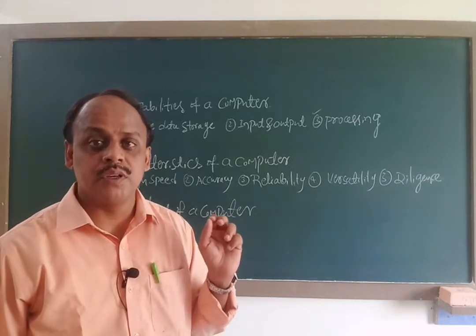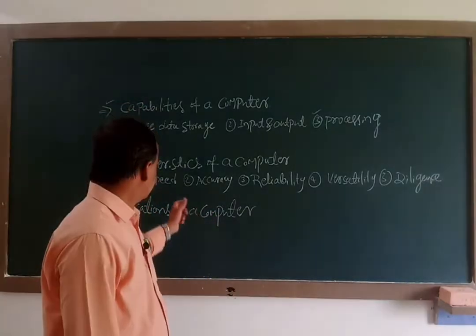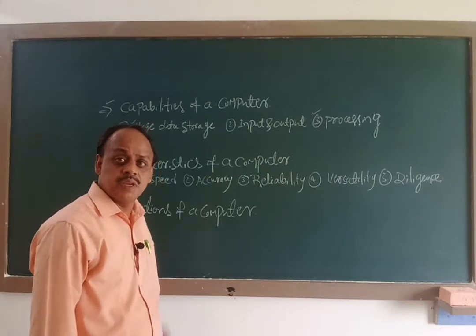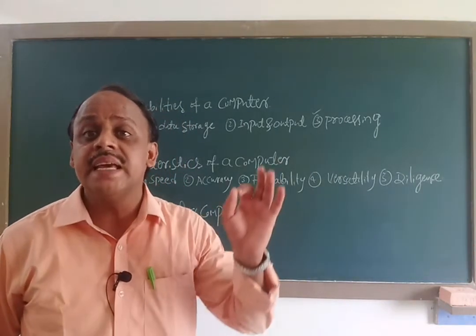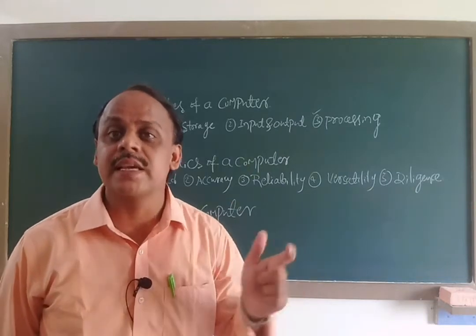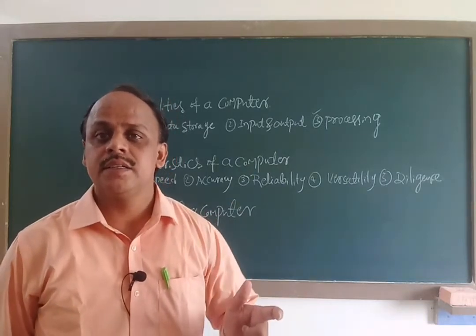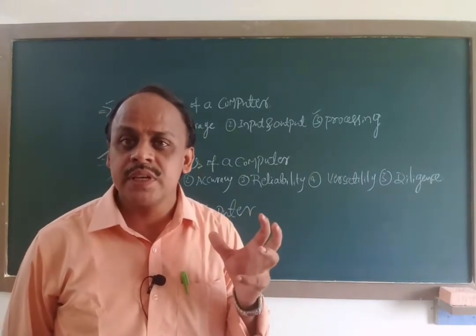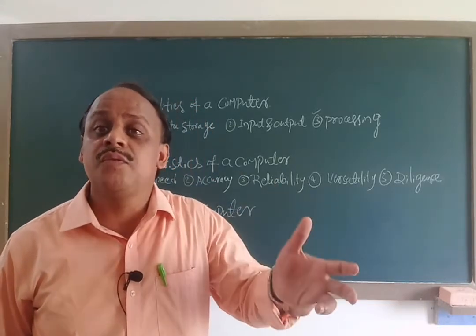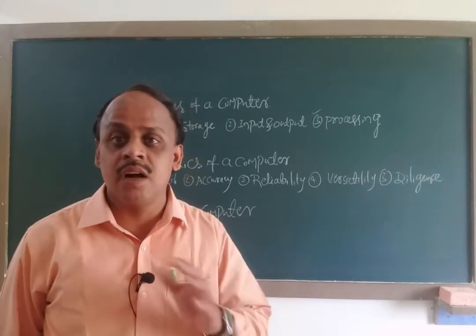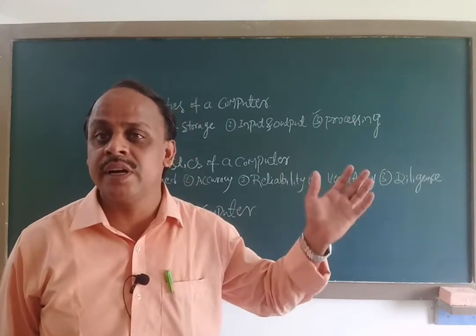You can observe how fast it works: a computer executes millions of instructions per second. Are you understanding what I am saying? A computer executes millions of instructions per second, not 1, 2, 3, 400, 200, 1000.